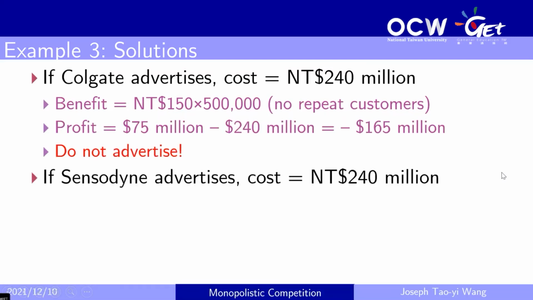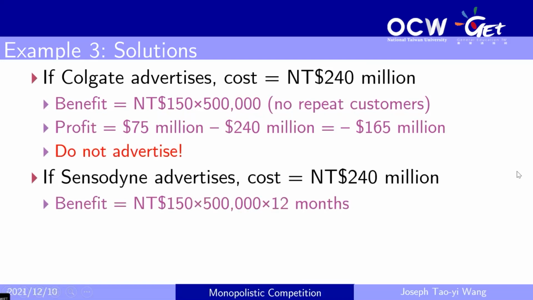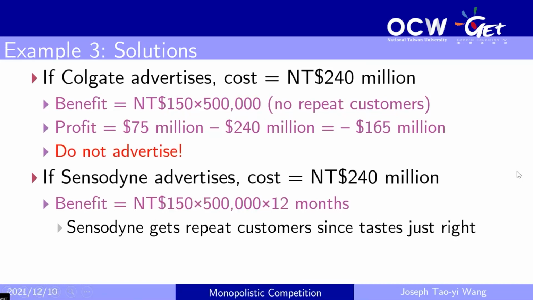But in contrast, if Sensodyne advertises, again, it's paying 240 million NT dollars, but now the 500,000 consumers attracted to buy this new Sensodyne toothpaste are going to buy one every month. So the benefit is $150 times 12 times 500,000 customers, because Sensodyne gets repeated customers since the taste is just right.